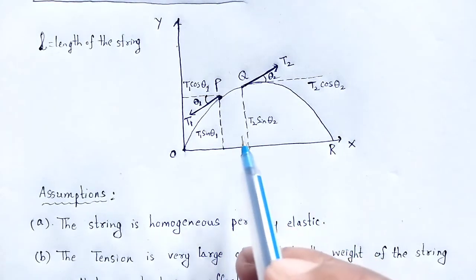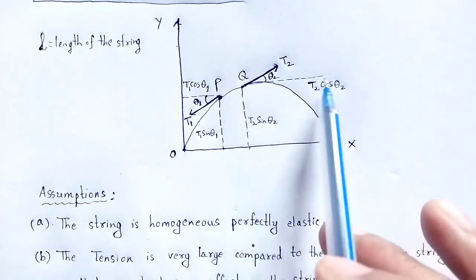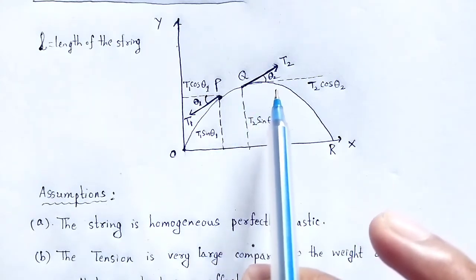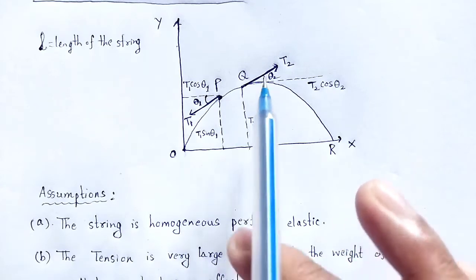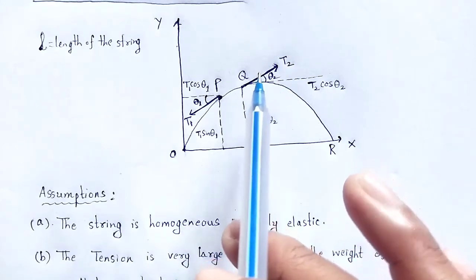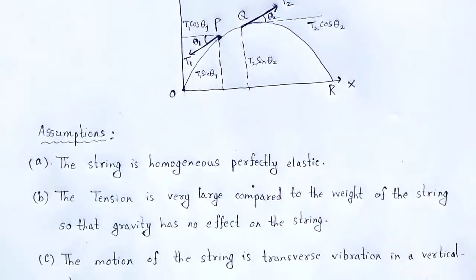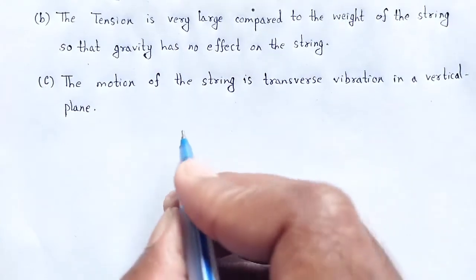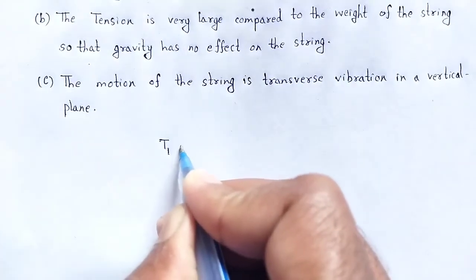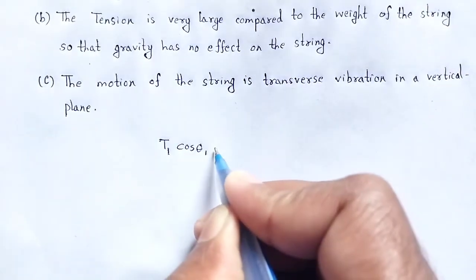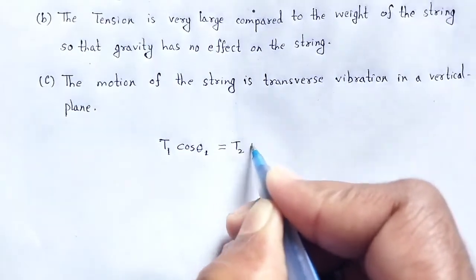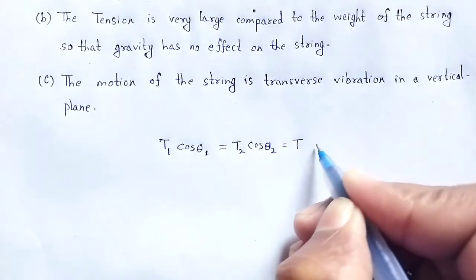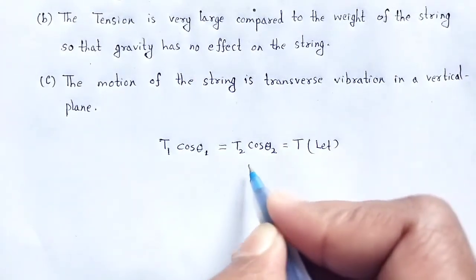But there is no motion in the horizontal direction, so the horizontal components of the tension must be equal. Mathematically, T1 cos theta 1 is the same as T2 cos theta 2, and let me denote it as T. Why are these two equal?